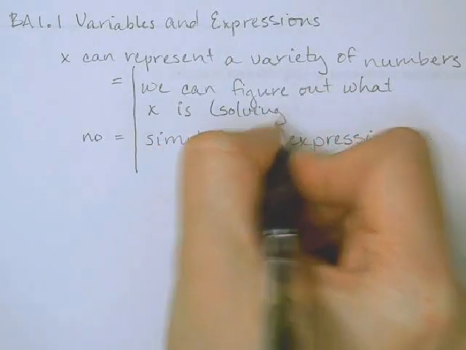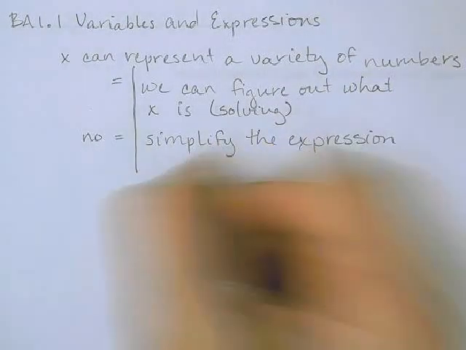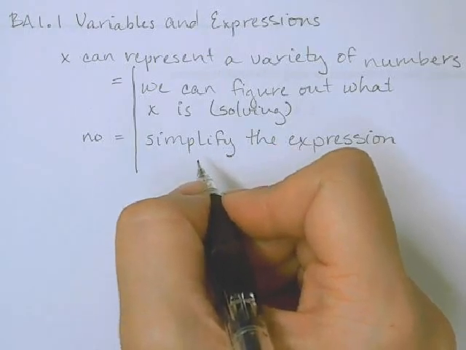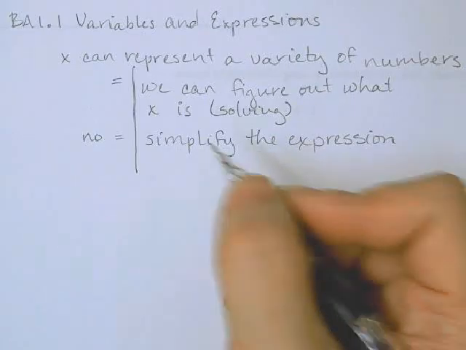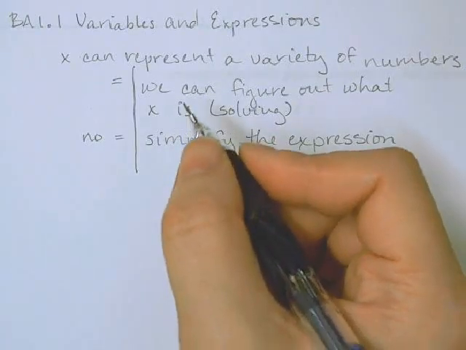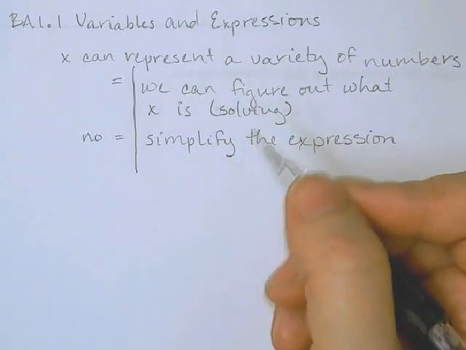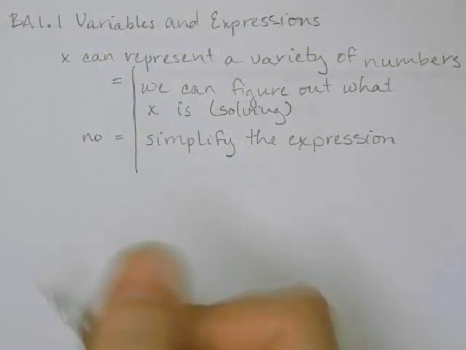The first one, when we have an equal sign, that's solving. Simplifying, we're not solving, we're just getting it down to as few terms as we can. We will have some equations today, and we're going to be given a value for x, and we're going to be checking to see if that works or not. That's going to happen later in the lesson.